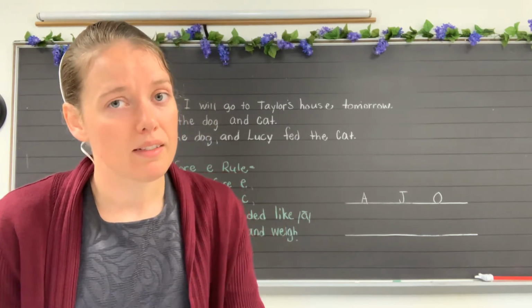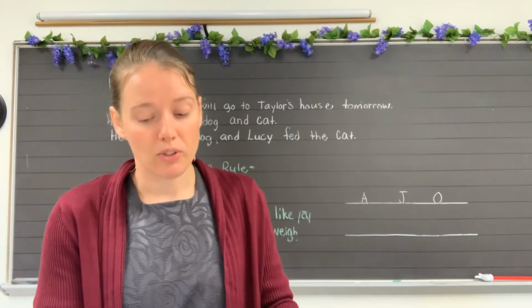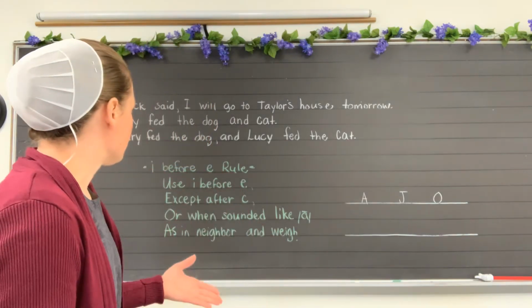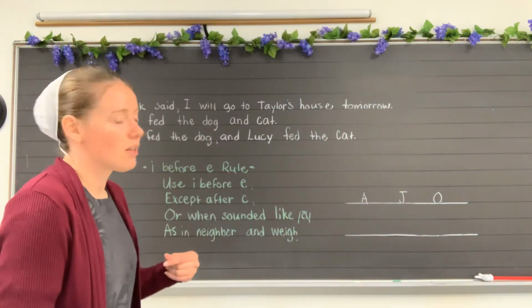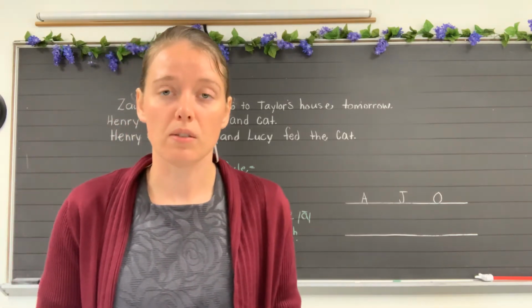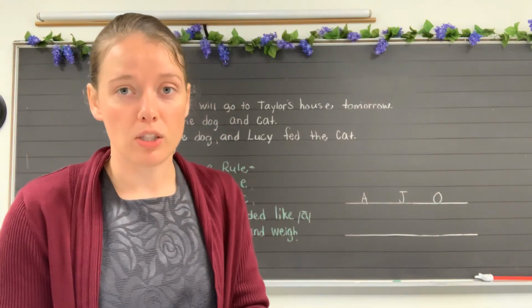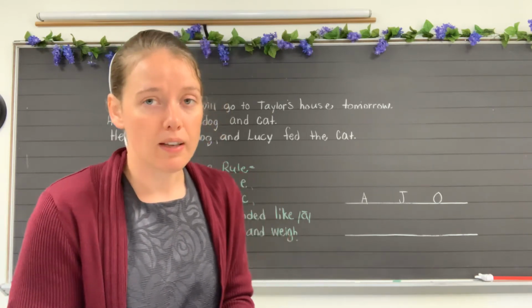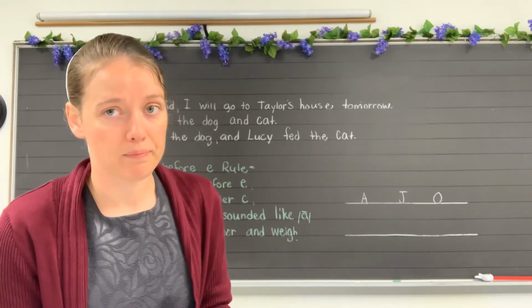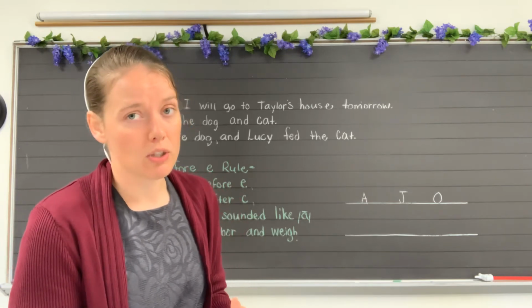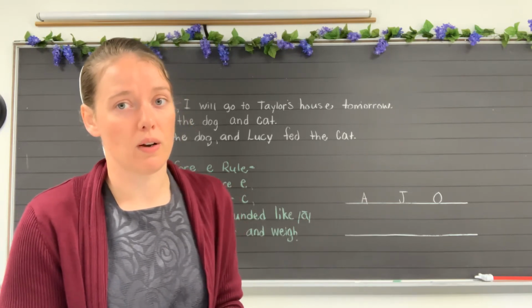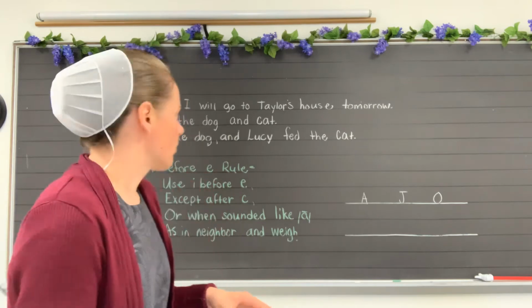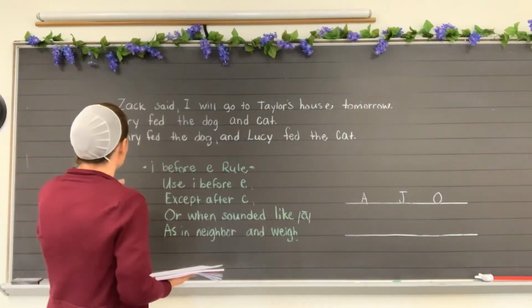So compound sentences are two sentences put together into one. First of all, let's think of quotations. Quotations are the exact words of the speaker, and they always have quotation marks around them. So whenever you have a quotation, you will need to put quotation marks around it. And let's look over here. We have an example on the board here.